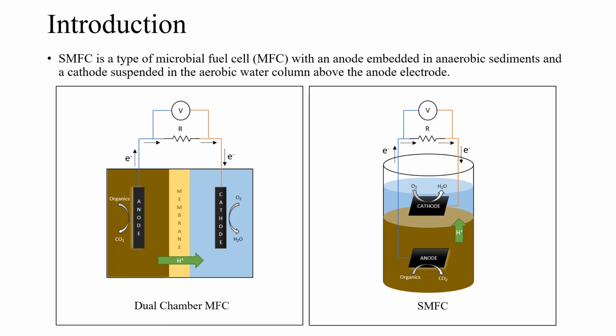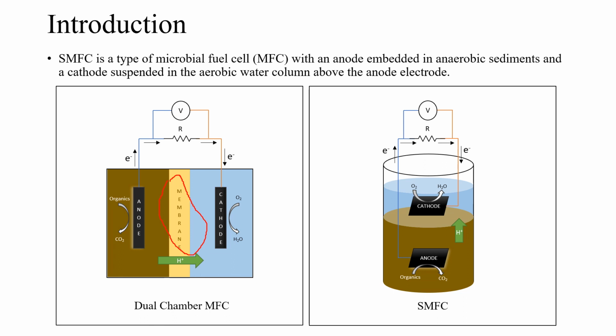As we can see from the picture, the main difference between the MFC and SMFC is the membrane, which in MFC is used to deliver protons from the anode area to the cathode area. Meanwhile, the other principles are basically similar.